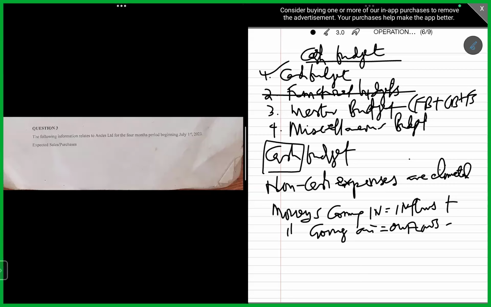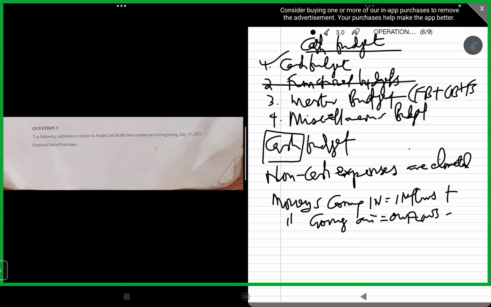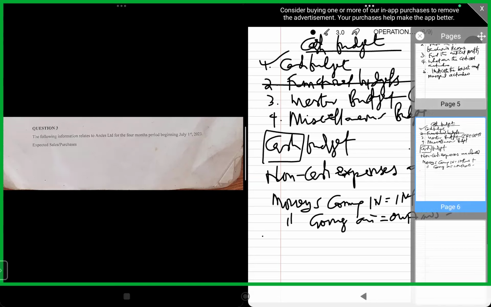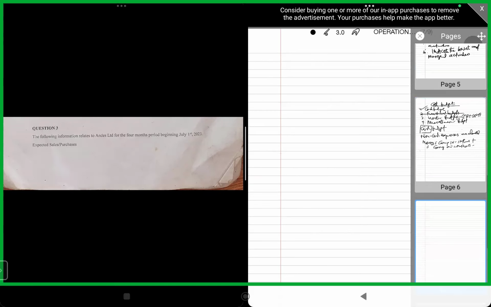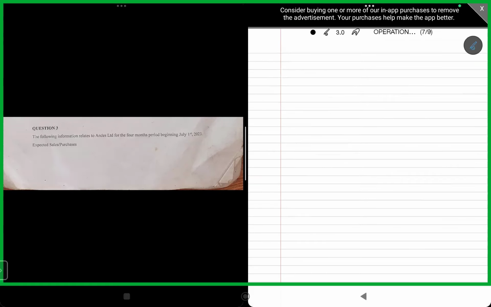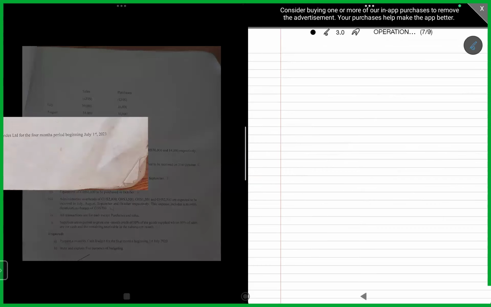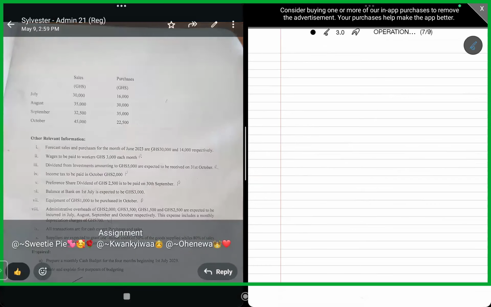Any question? All right. So read. This is question 3. Where do you first read from?